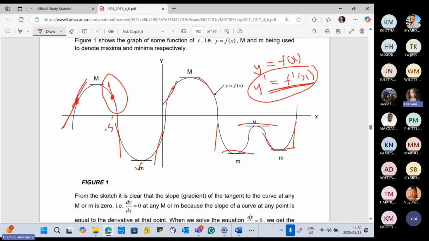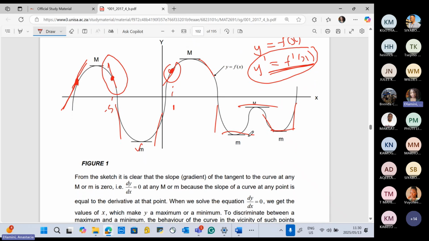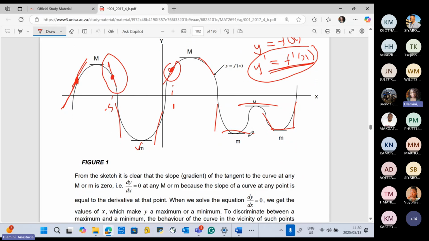If I go and take a point here, which is 1, take the derivative, it will give me the slope of that tangent line. So now they're just telling you that the maximum and the minimum occurs where the first derivative is equal to 0. That's where the maximum or the minimum occurs.